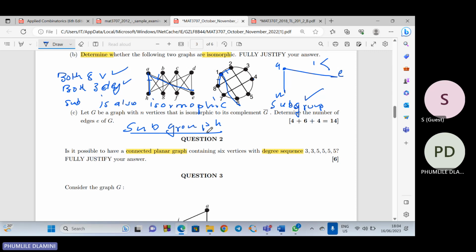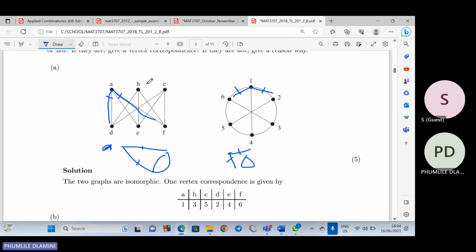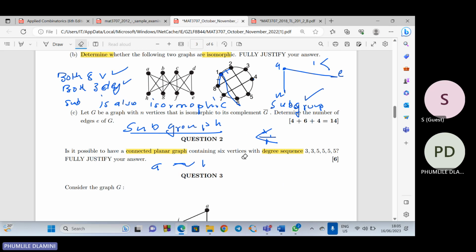When we check if I'm taking A and A is related to 1, it means that A is extended by 1, 2, and 3. And if we check here also, you can see that A is also extended by 1, 2, 3.